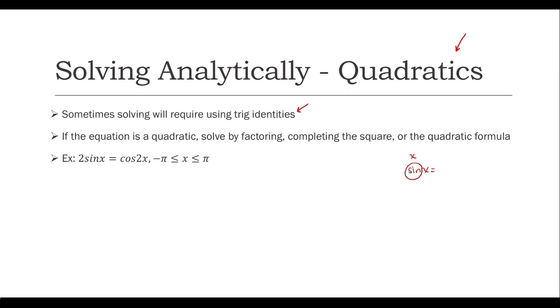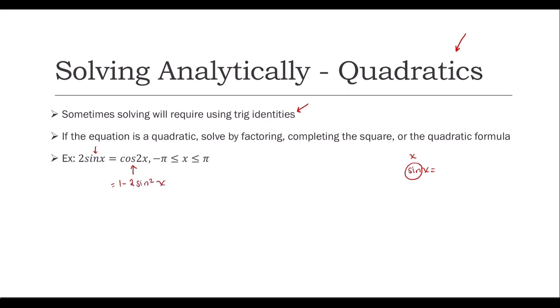So here we have 2 sine of x equals cosine of 2x from negative pi to pi. We have a double angle here, so we're going to replace that with one of our options for cosine of 2x. And what we're going to use is the one that has sine squared of x, because we want it to match our sine of x here. So this would be 1 minus 2 sine squared x.